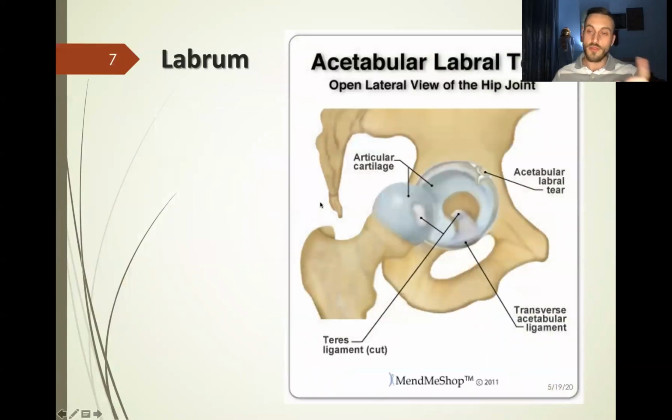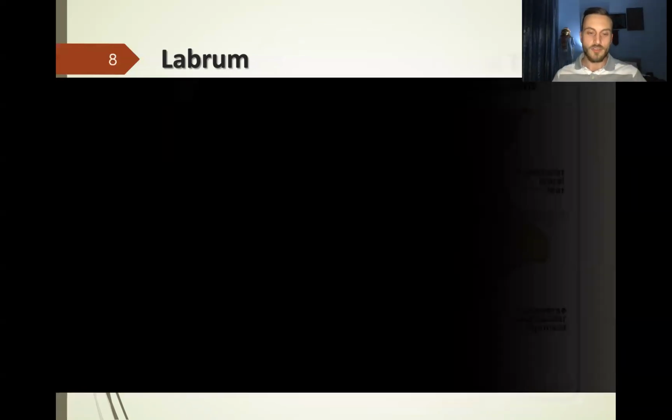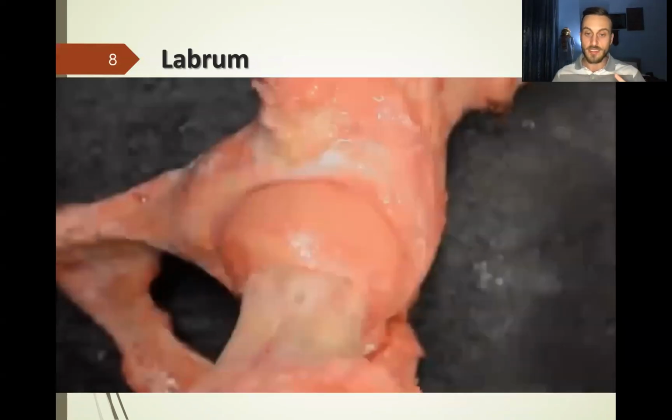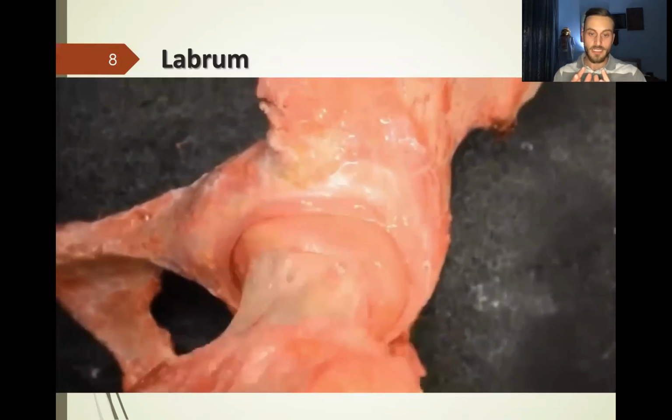Now we have something called the labrum. The labrum is a fibrocartilage. As you can see, it's around the acetabulum. It makes it deeper, so more stable, and it keeps the intra-articular negative pressure, so it gives stability to the joint. And as you can see in this video, you can see the difference. This is the labrum.